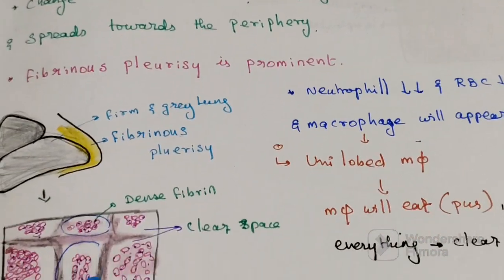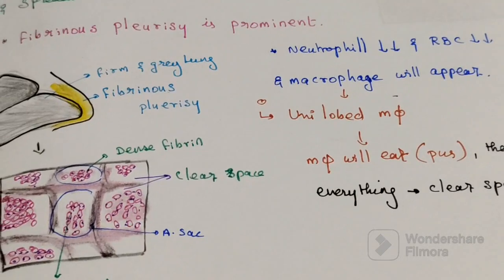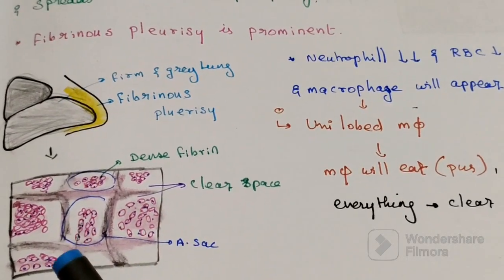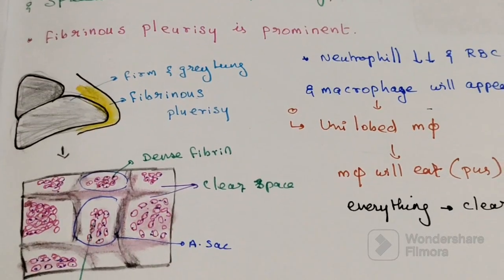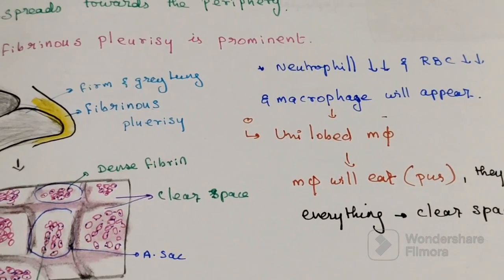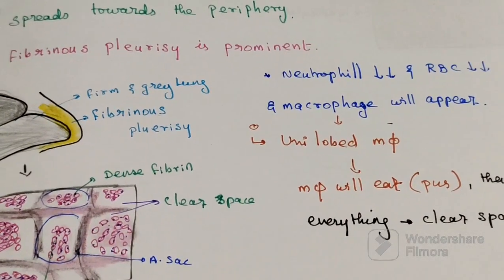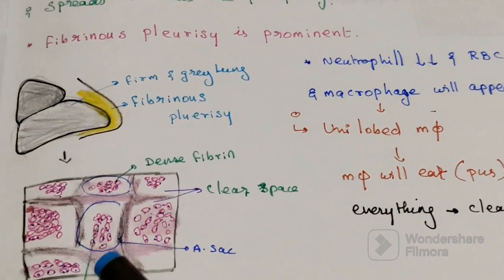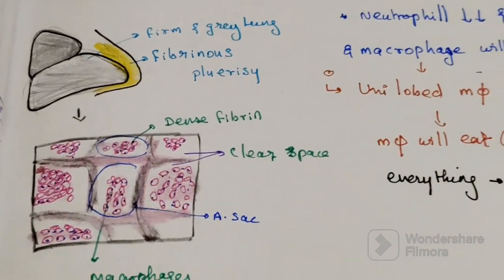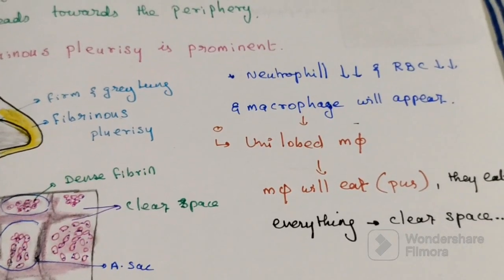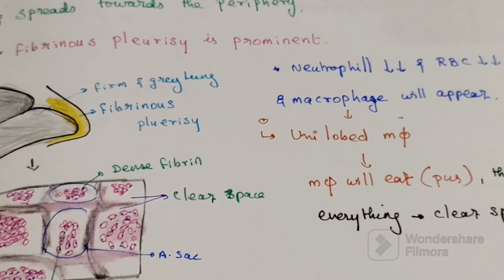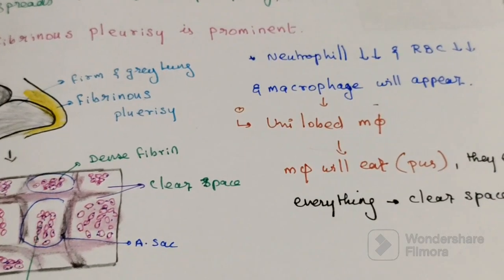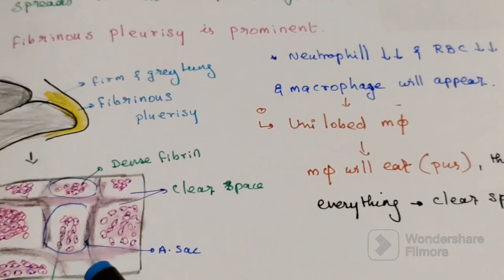We will do microscopy. Stage 2 has a lot of neutrophils and RBC. Here the neutrophil as well as RBC levels decrease. Here macrophages will appear, mononuclear macrophages. This macrophage will eat the pus, the exudates.